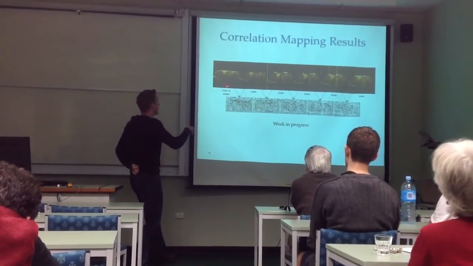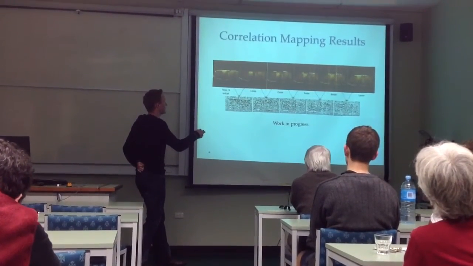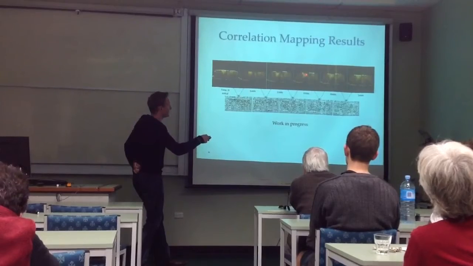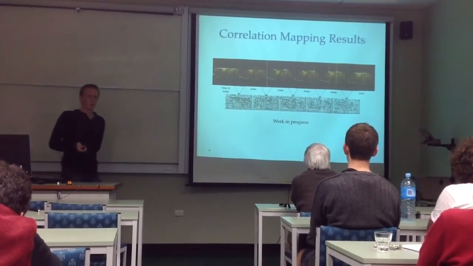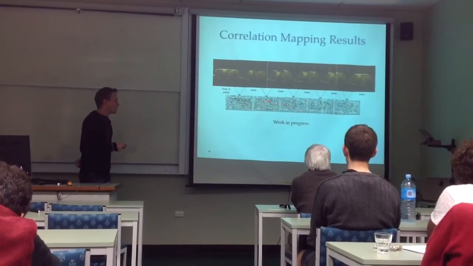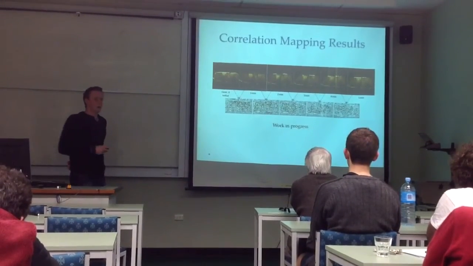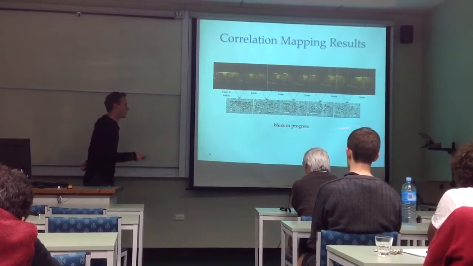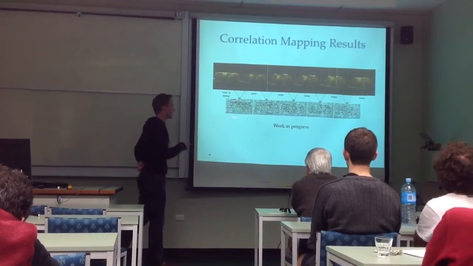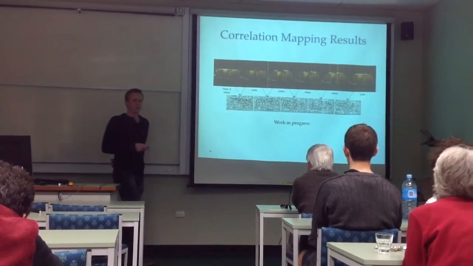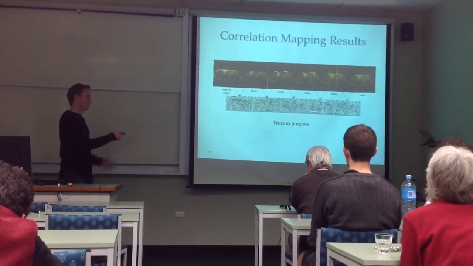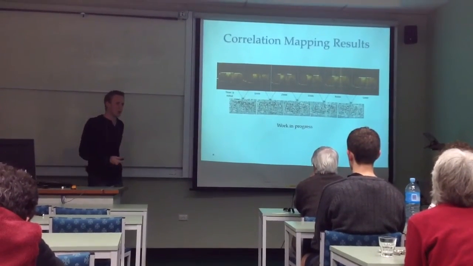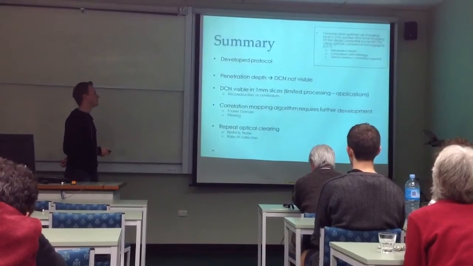So here you've got no clearing solution, here you've got clearing solution on the top, which then diffuses through, but also creates a little bit of noise on the way. We know that we can get much better images than this, which will hopefully improve our cross-correlation results, because you're not really seeing anything in here but noise, which is disappointing, but we can definitely improve on it. This was one of our first results, so hopefully I'll be able to do a lot better.